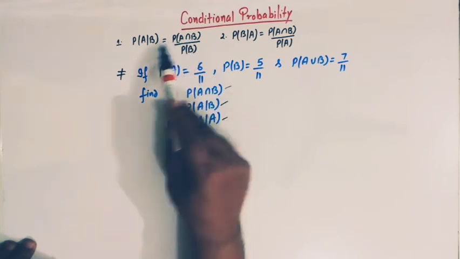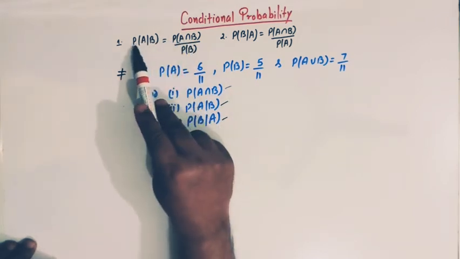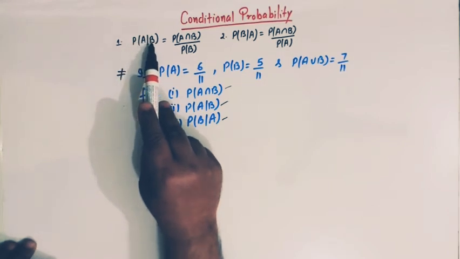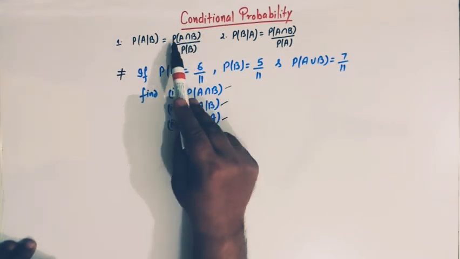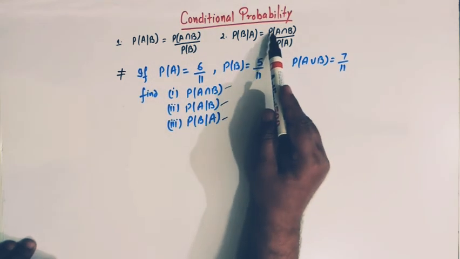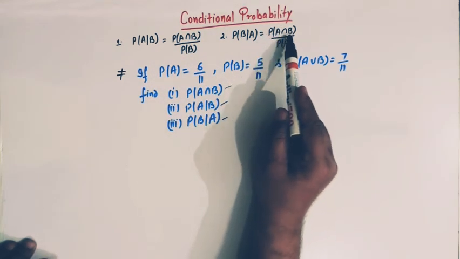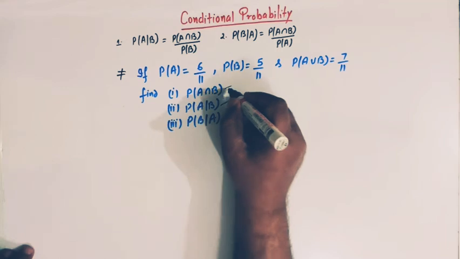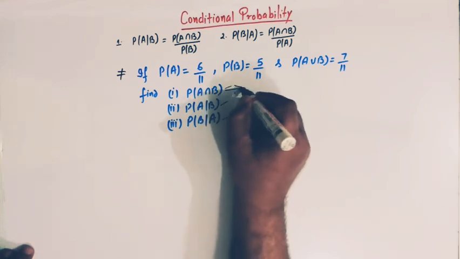So here in the conditional probability of A, it depends on the probability of A intersection B, and here also we have probability of A intersection B. So it means our aim is to find out this value, right?